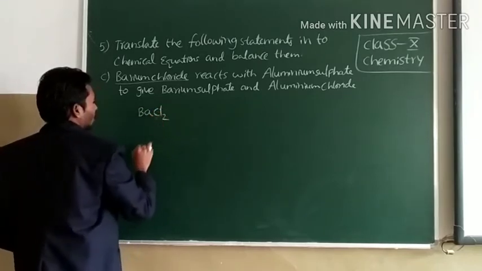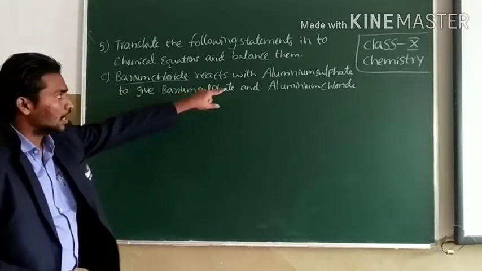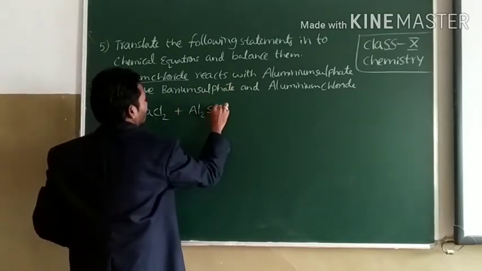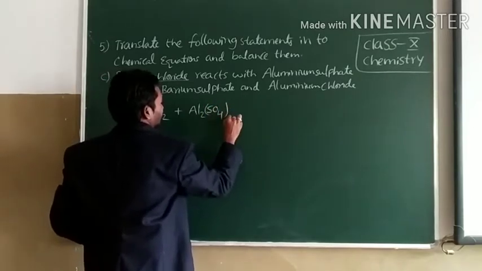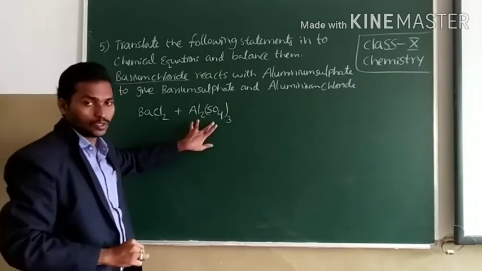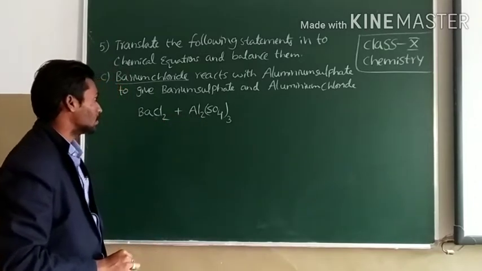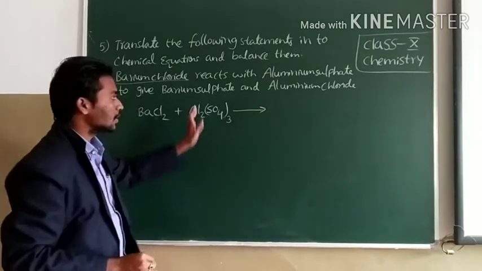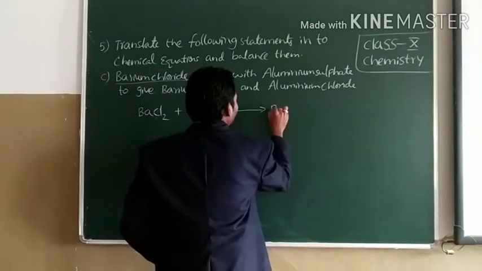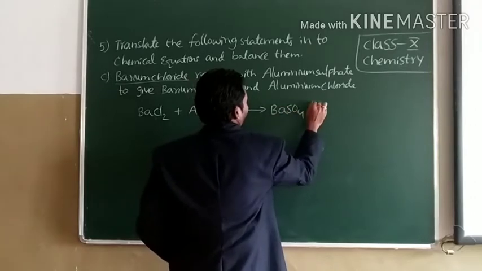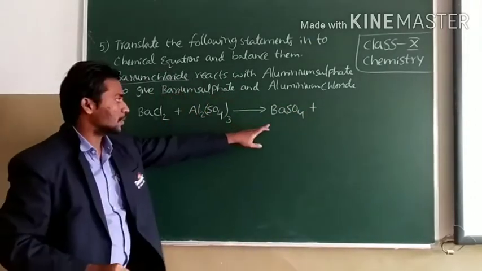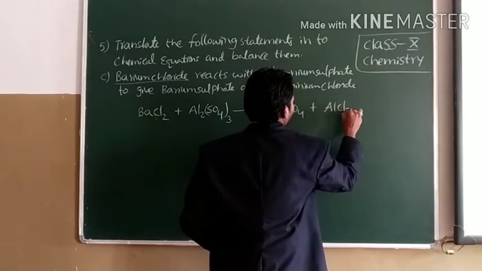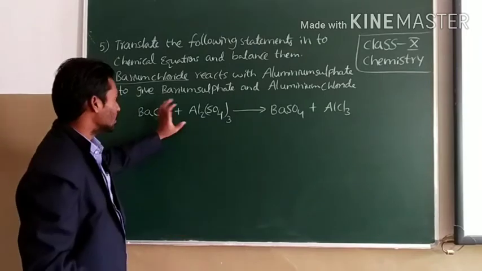Aluminum sulfate: the formula is Al2(SO4)3. Using the sulfate radical, barium sulfate is BaSO4, and aluminum chloride is AlCl3.